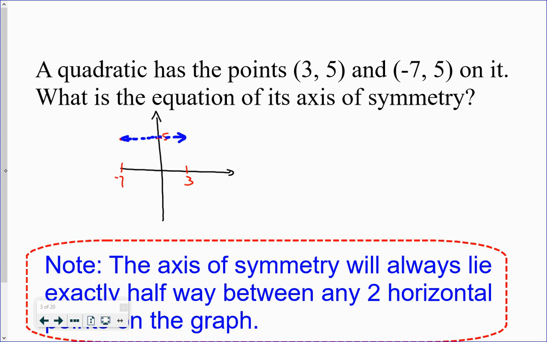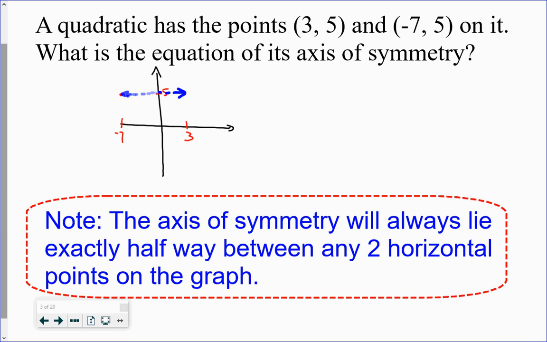So what that means then is that the axis of symmetry will always lie exactly halfway between any 2 horizontal points on the graph. It doesn't matter if the points are x-intercepts, or in this case, just 2 random points that both have a y-coordinate of 5. The axis of symmetry, remember, that's the line that divides your graph in half. So the axis of symmetry has to lie somewhere in between them.